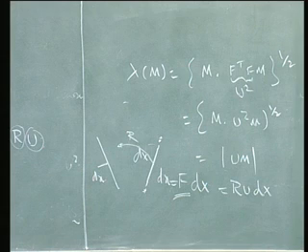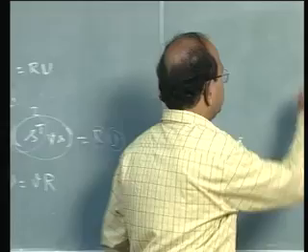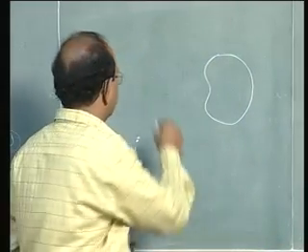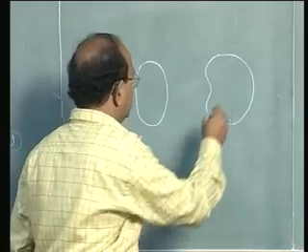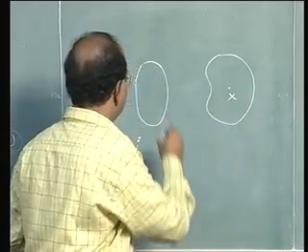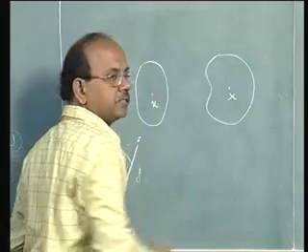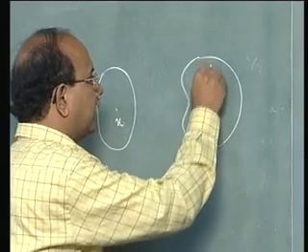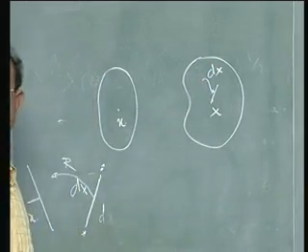Let me explain that again if you have a doubt. Suppose this is the body, this body undergoes transformation, so it goes like that. So that's the point x, that point becomes small x, and let us now see what happens to this material line element, say dx.